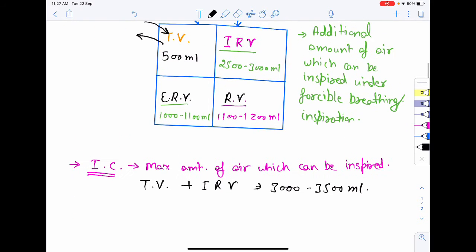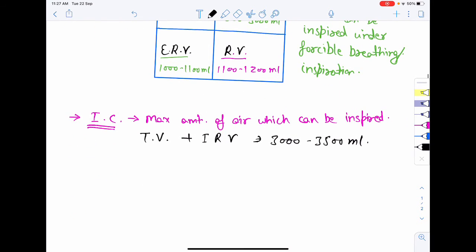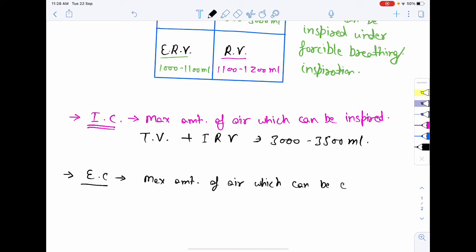The next point will be expiratory capacity. It's the maximum amount of air which can be expired. So that is expiratory capacity.